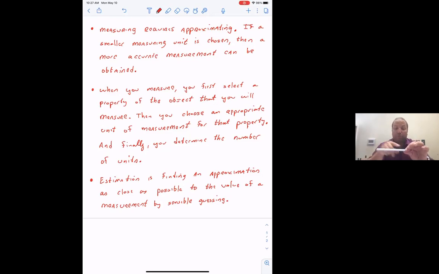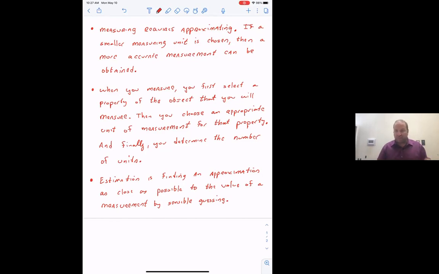What we want to do is come up with an approximation by sensible guessing. So I might say, well, this is about an inch. So 1, 2, 3, 4. This is about 5 inches based upon my initial sensible guess. That's what estimation is. If I use a ruler, I am estimating based upon what the ruler tells me.